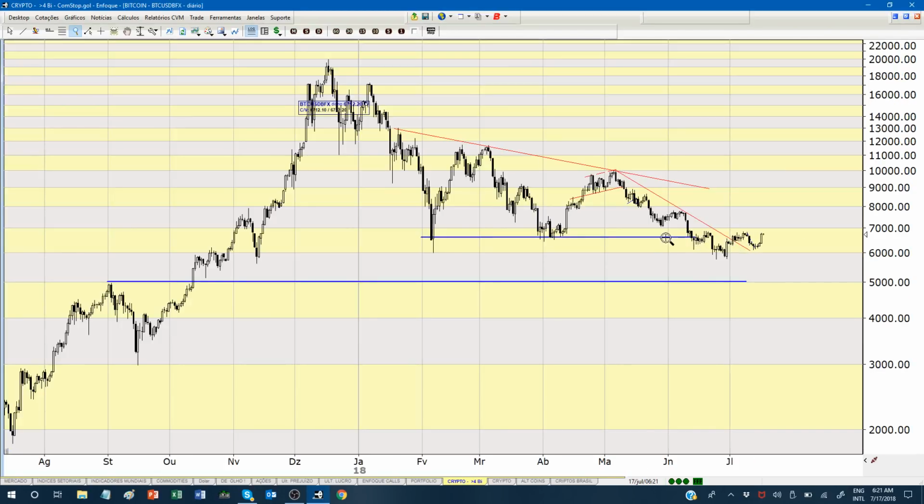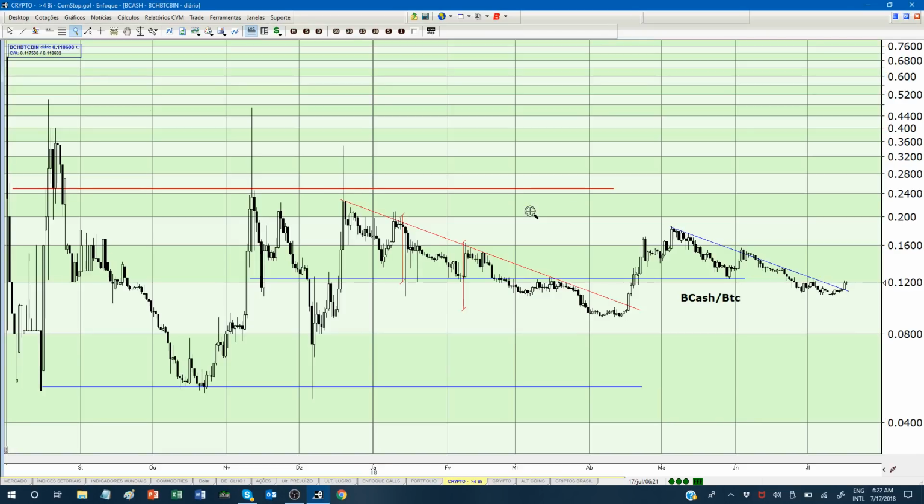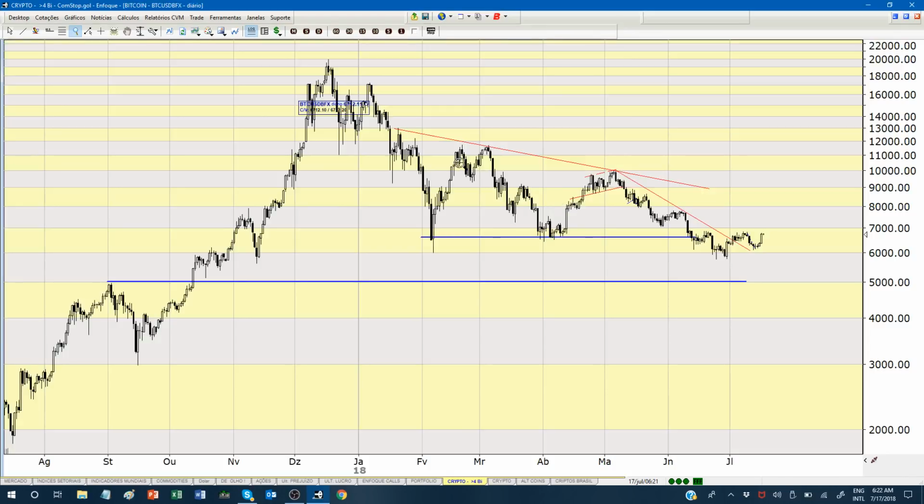So going further back to the last chart, to the daily chart, I think we should take a very good look now at this resistance level. I was showing the short-term resistance line, and this is the medium-term resistance line.